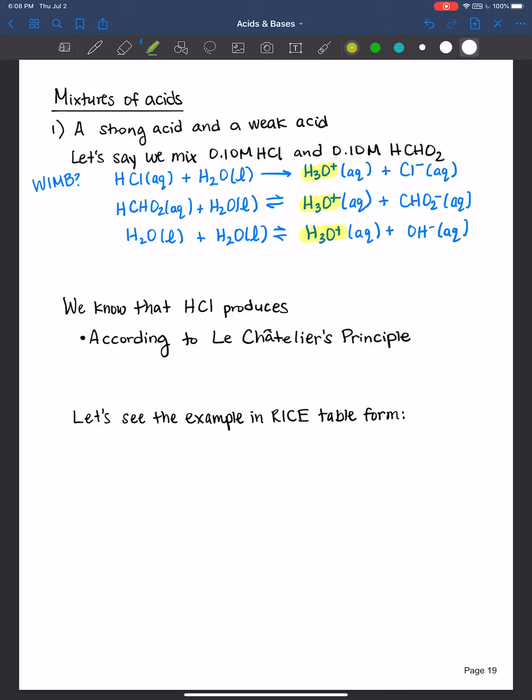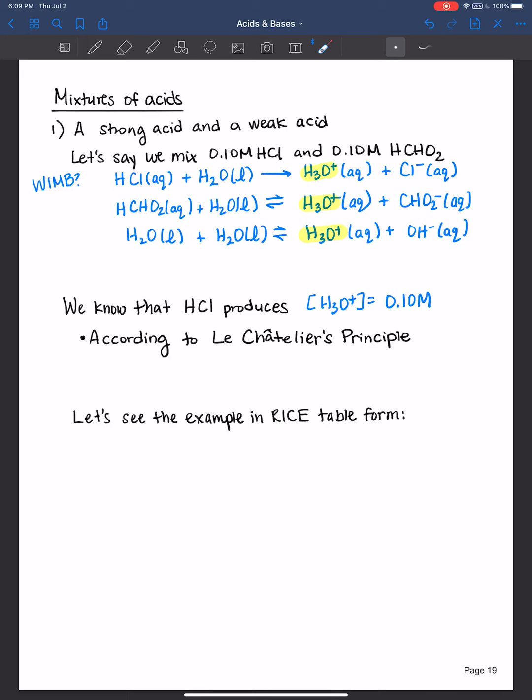Well, let's talk about HCl. We know that HCl, since it's a strong acid, produces a hydronium ion concentration of 0.1 molar. Since it completely dissociates, we started with 0.1 molar HCl, therefore we for sure have 0.1 molar hydronium ions in solution after it dissociates completely.